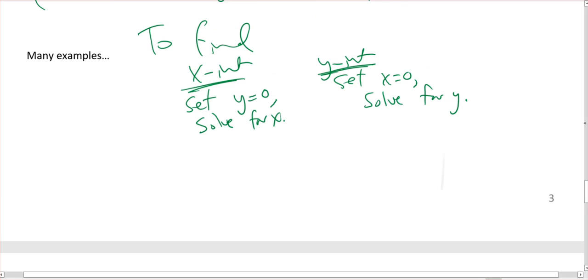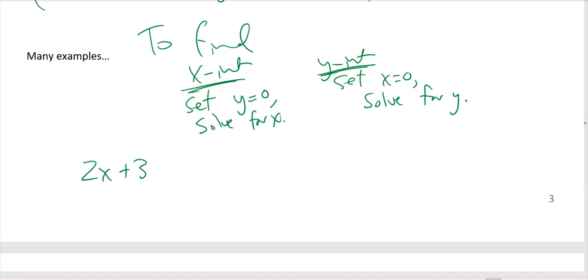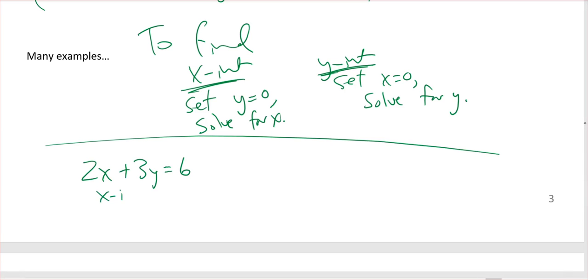So we can have an example of this. Maybe a slightly easy example: 2x plus 3y equals 6. For x-intercepts, we set y equals 0.